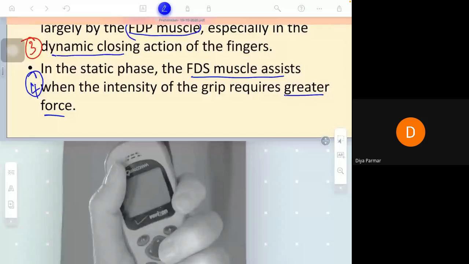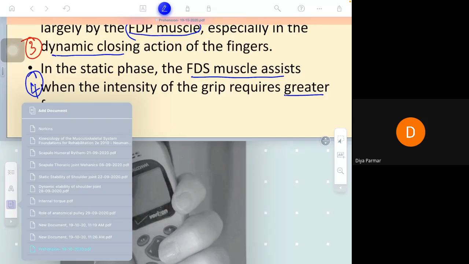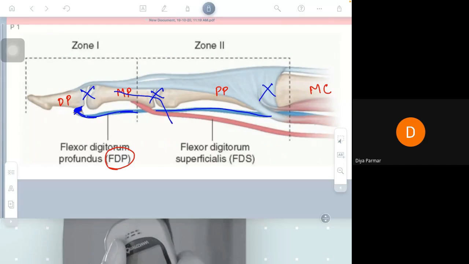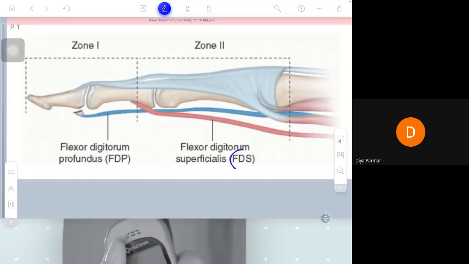So what is FDS? Where is FDS in this image? Red color, FDS. This is FDS.